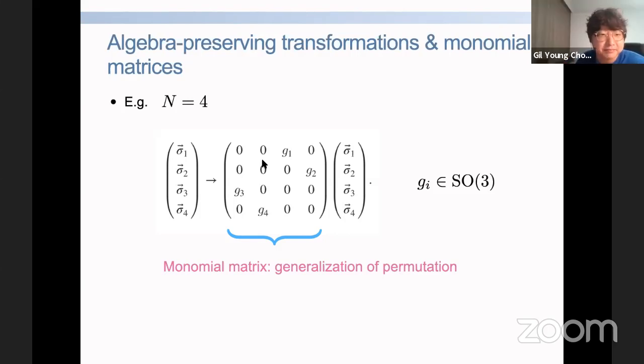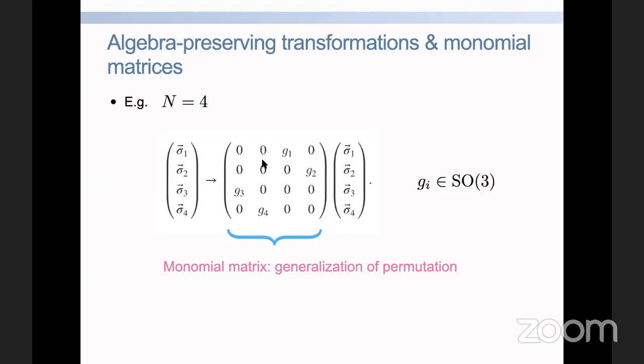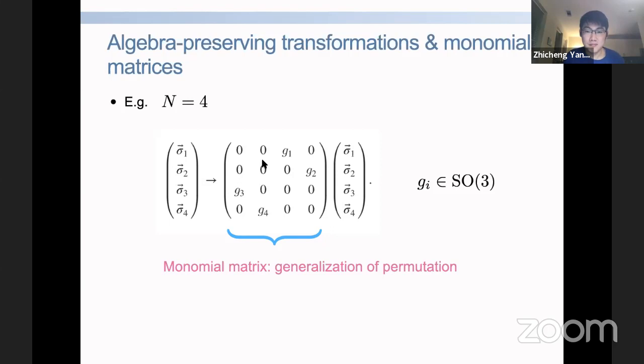Excuse me, can I ask one question? Sure. Is this an element of S4, or which permutation group is this? This is not just S4.